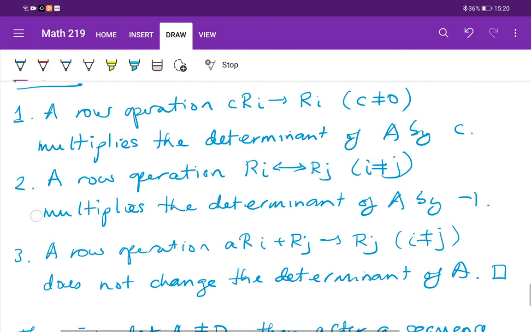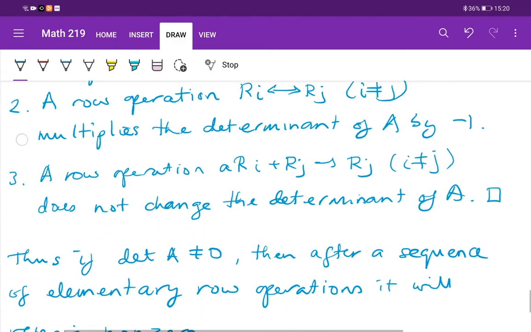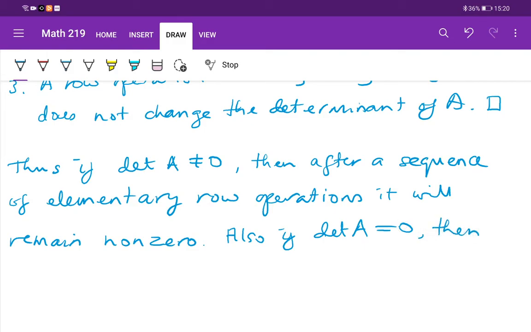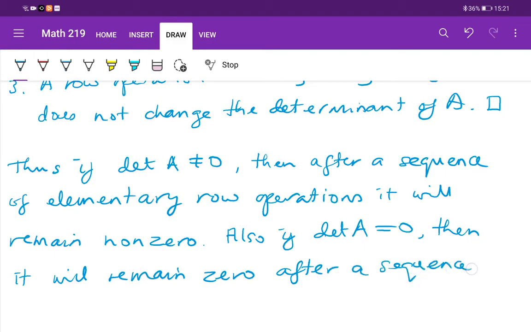Clearly you can see here, the first one multiplies it by a non-zero constant. The second one multiplies by -1. The third one does nothing. And if the determinant of A is zero at the start, then it will remain zero after a sequence of elementary row operations.